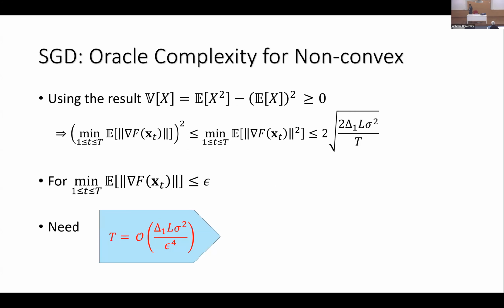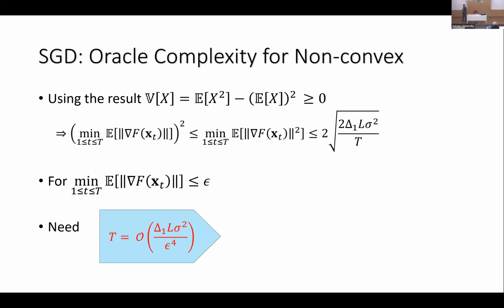This is as opposed to order M times L by epsilon squared, right? So the M is replaced with 1 by epsilon squared. Now you can see how large M has to be in theory to beat SGD, or how large M can be so that gradient descent is better.